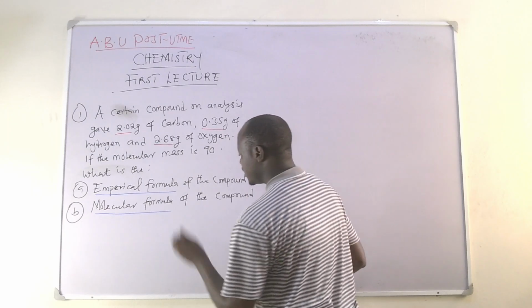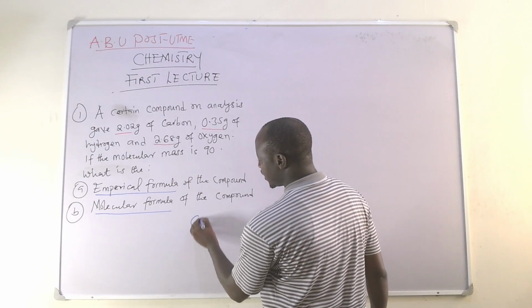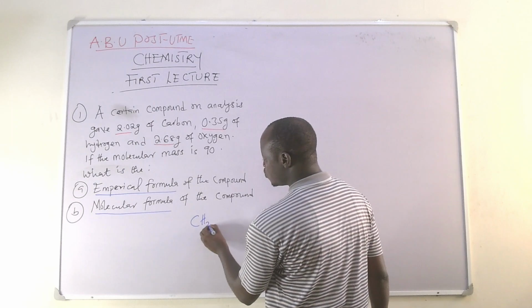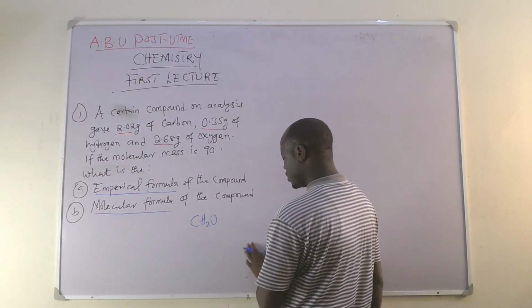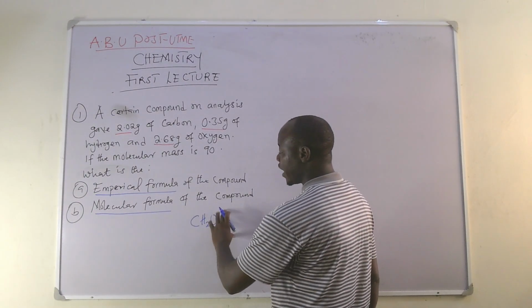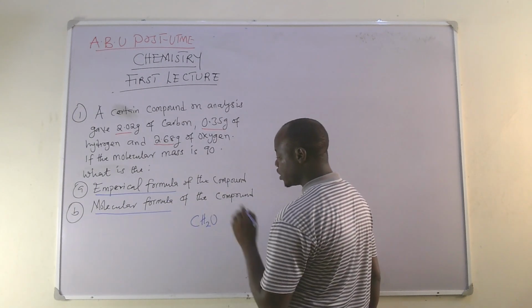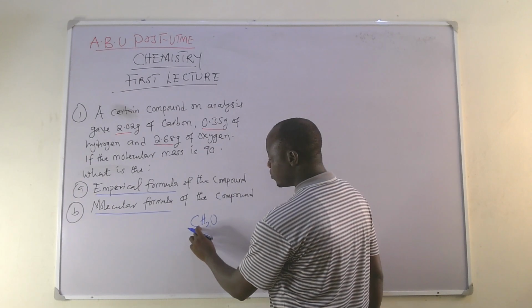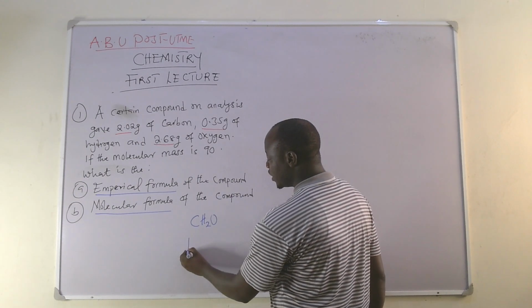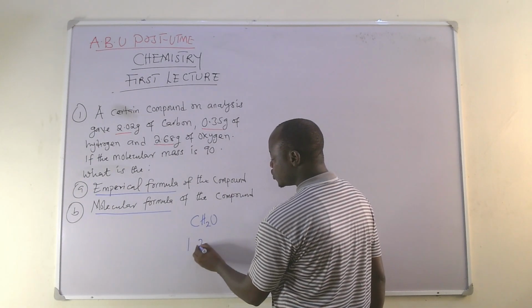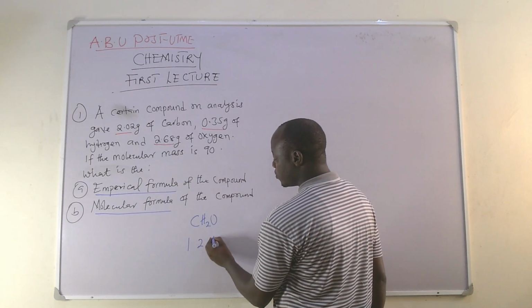For example, let's say we have CH2O. This CH2O can be described as an empirical formula of a compound. The ratio of carbon, how many carbon do we have here is 1, how many hydrogen is 2, and how many oxygen is 1.